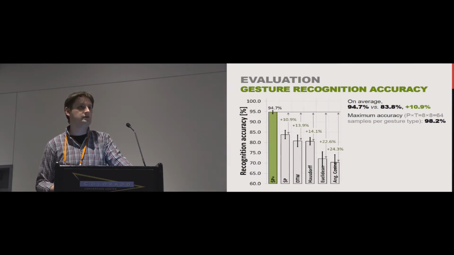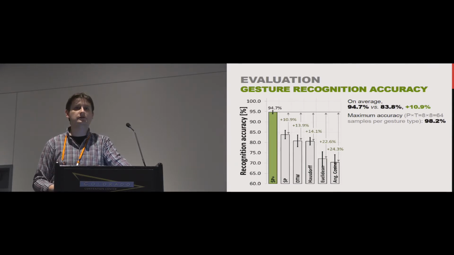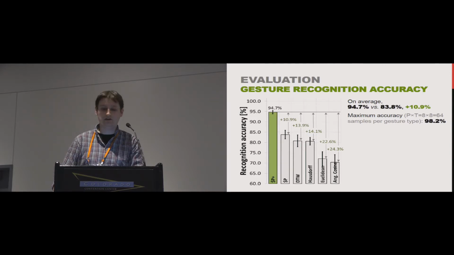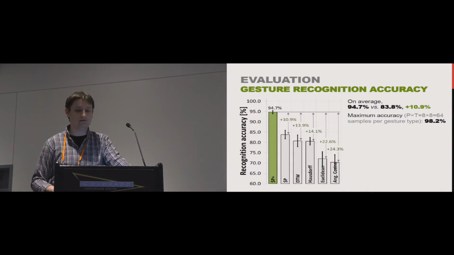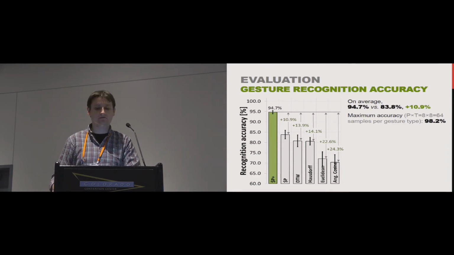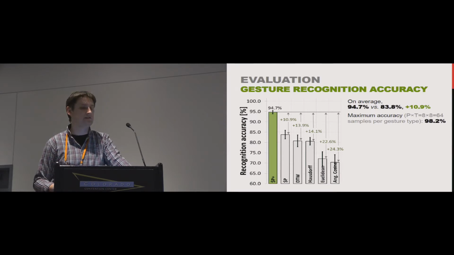The modified version of the point cloud recognizer that was adapted to address the variations observed in the gesture articulations of people with low vision performed on average across all the training conditions. It delivered 94.7% accuracy, and for the first time in this paper, the difference in accuracy is positive.